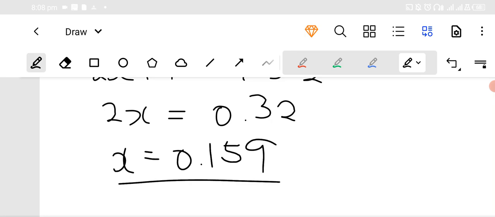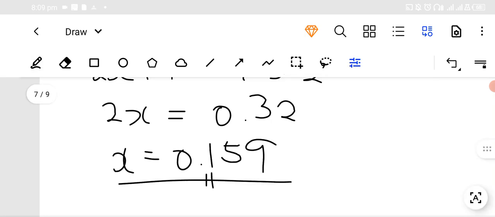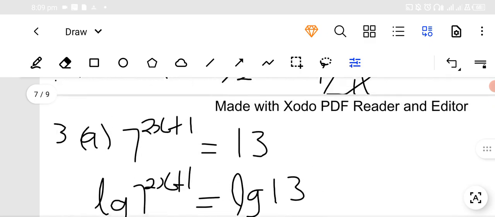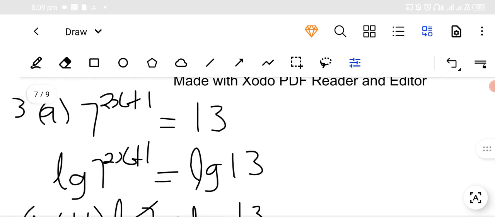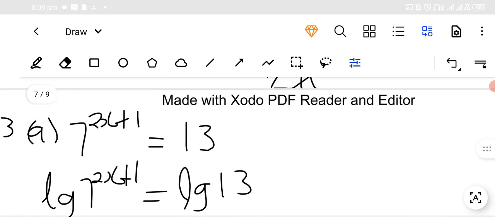This is correct to 3 significant figures. So this is your working for question a, and then you can prove accordingly. 7 to the power 2 multiplied by x, which is 0.159, and then plus a 1, you're going to have 12.99, approximately.